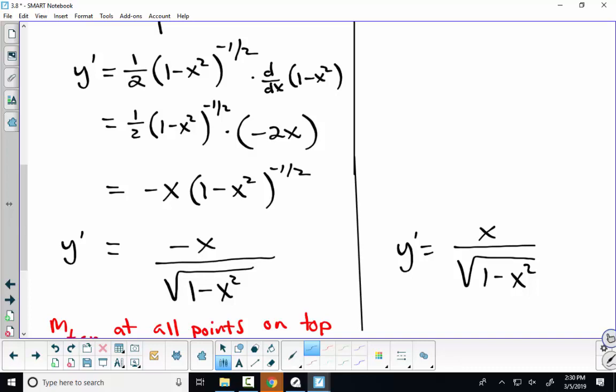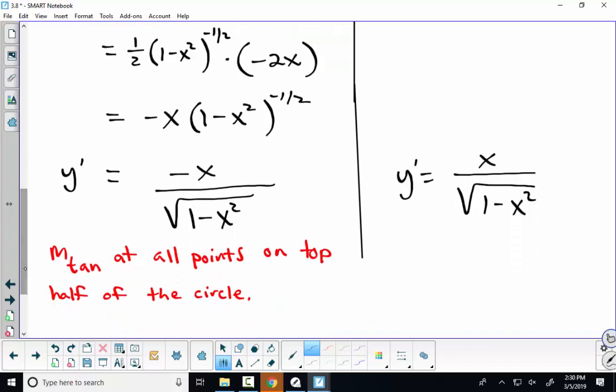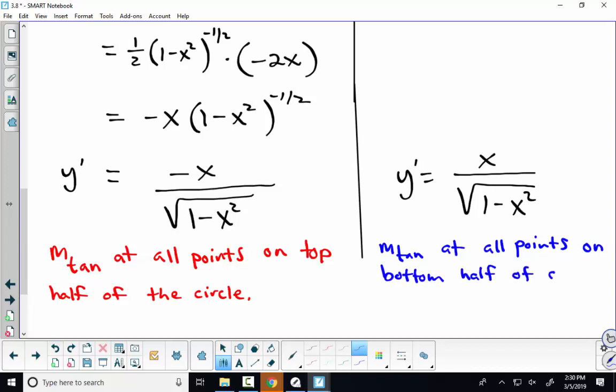In other words, when we take the derivative of the negative square root, that negative 1 can come out of the derivative and multiply in later. So here's our derivative, we multiply it by negative 1, and we get this derivative. So that derivative is the slope of the tangent line at all points on the bottom half of the circle.